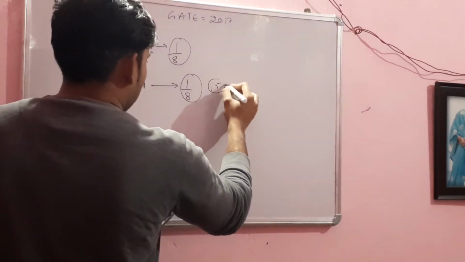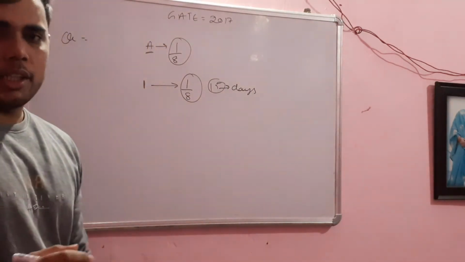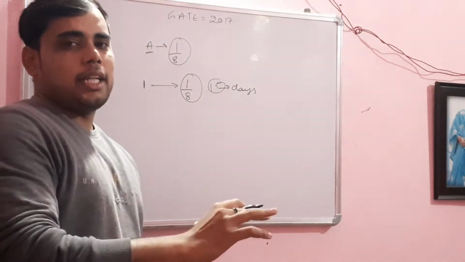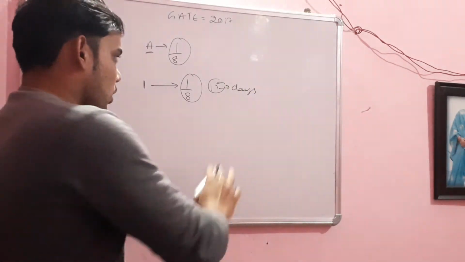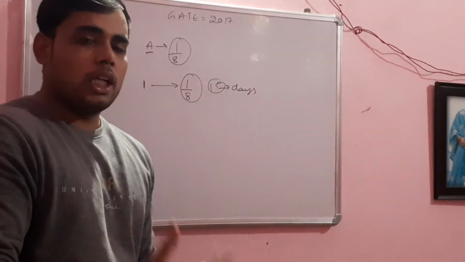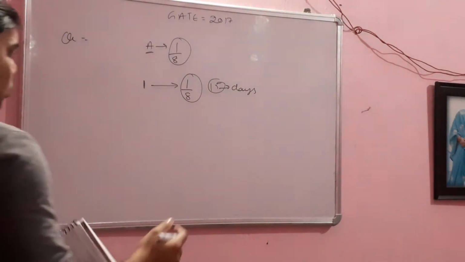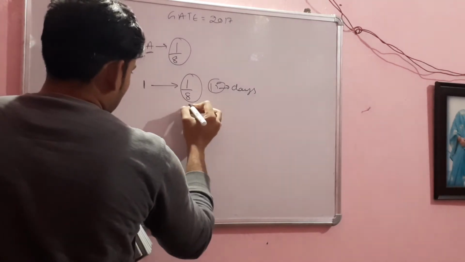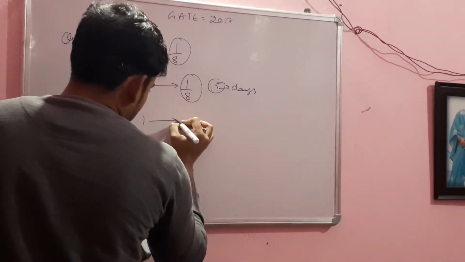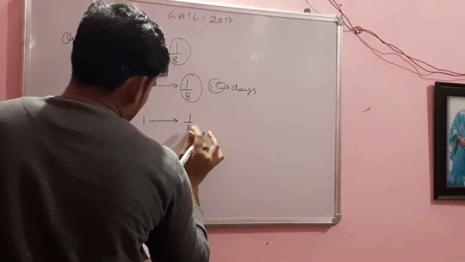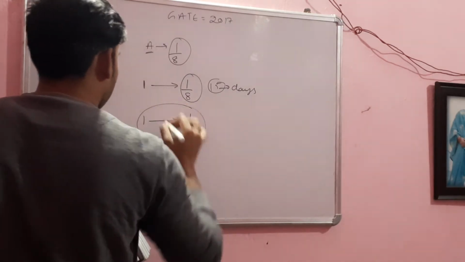Okay, in 15 days your compound becomes 1/8 of the original value. The question asks how many days it will take to decay from the initial value to 1/4 of its value.